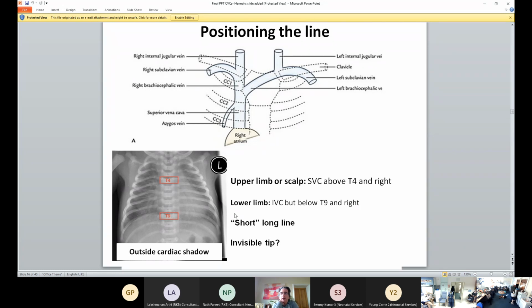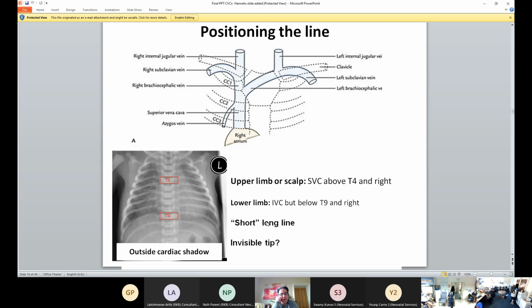There is something called a short long line. A short long line is a long line with the tip in a big wide vein, but not the superior vena cava or inferior vena cava. Theoretically, it shouldn't be used for more than 24 hours unless the consultant sanctioned the use of this long line, because there is no other access and it may be difficult to get any other long lines.